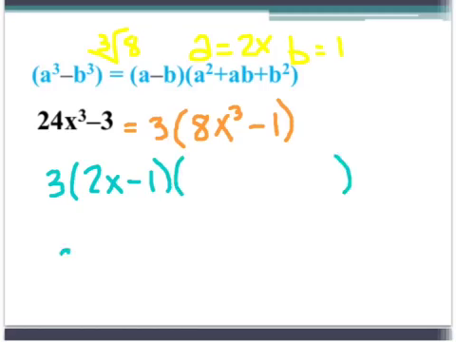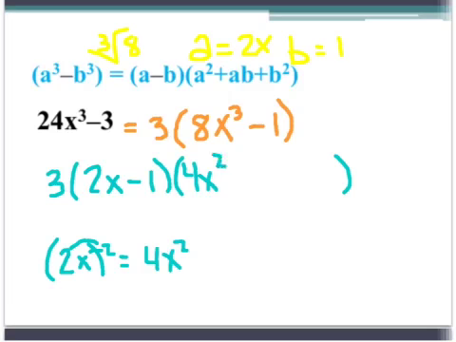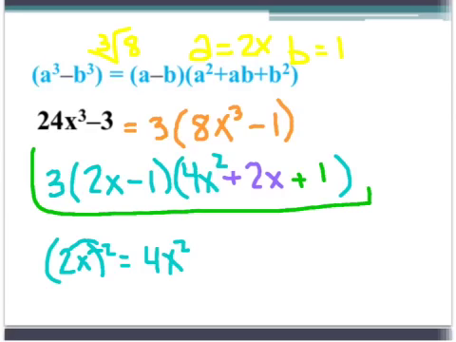Now I need to square 2x. So again, tricky part, right? Squaring this gives me 4x squared. Now I want different signs. I need to multiply these guys together, excluding the sign. And then I want to square my b, which is just 1, so I'm just going to get 1. So there we go, fantastique.